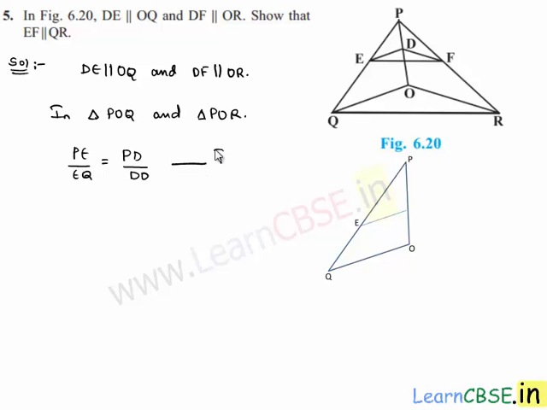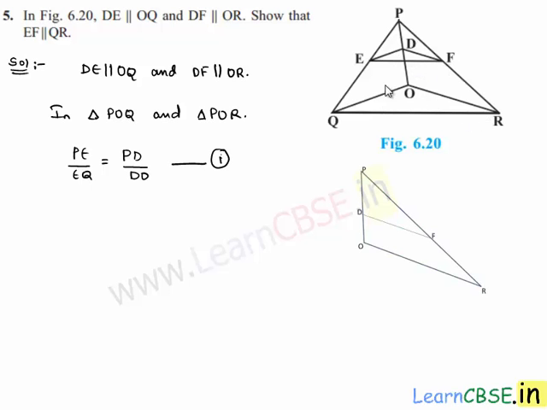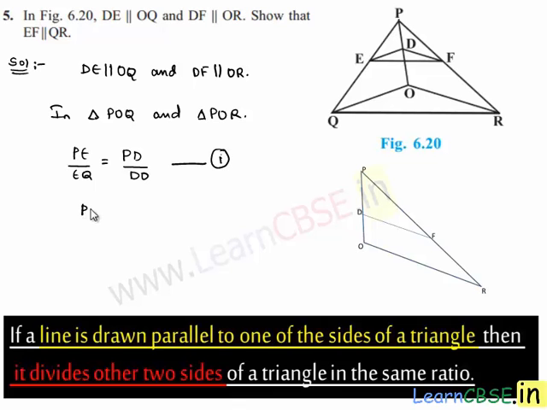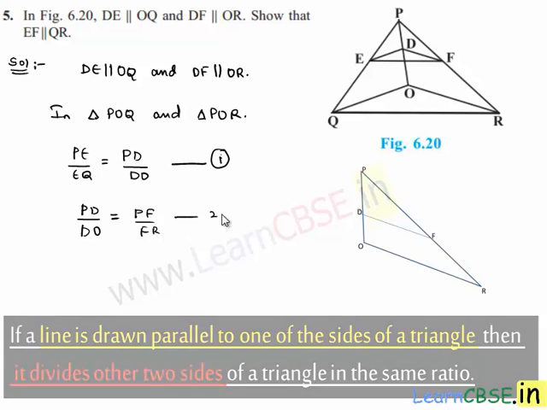Let it be equation number 1. Now in triangle POR, DF is parallel to OR, so by the basic proportionality theorem we can write PD by DO is equal to PF by FR. Let it be equation number 2.